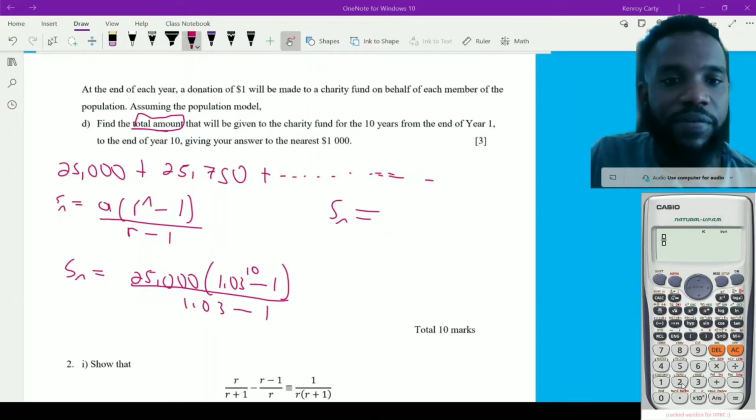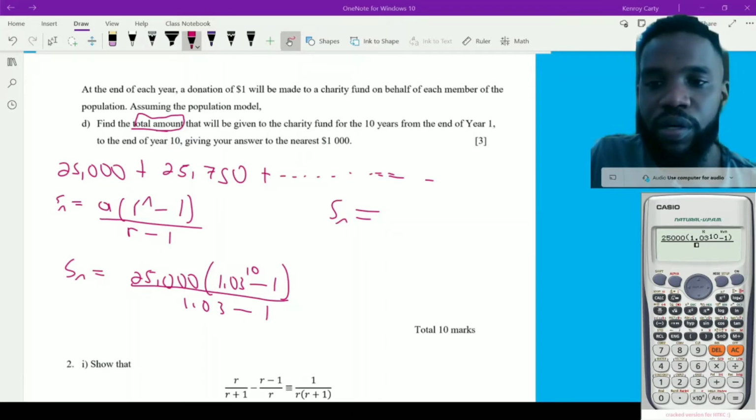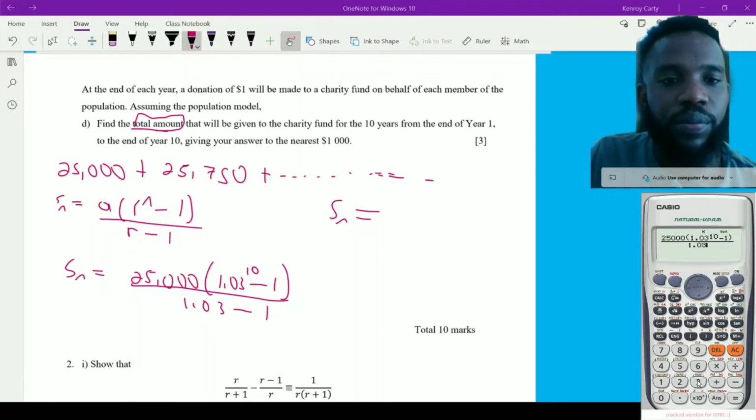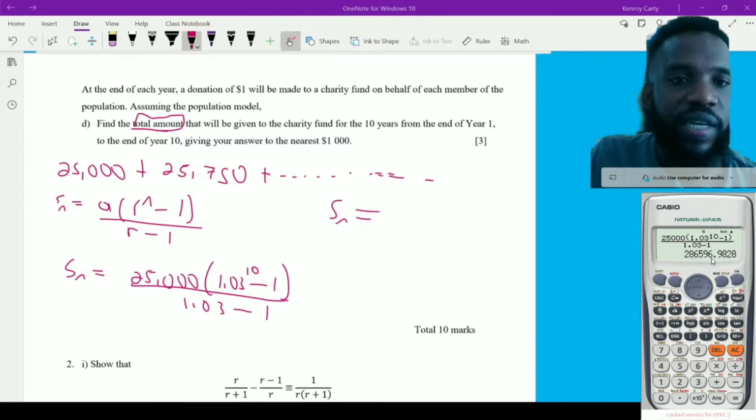On my fraction bar, I have 25,000, open bracket, 1.03 raised to the 10 power, alright, good, minus 1, close bracket, over, let me go down, over 1.03 minus 1, and all this boils down to 286,596, and 98 cents. So 286,596.98.